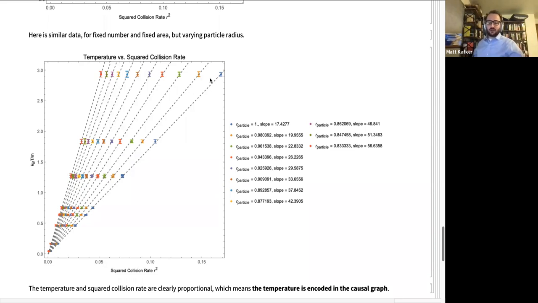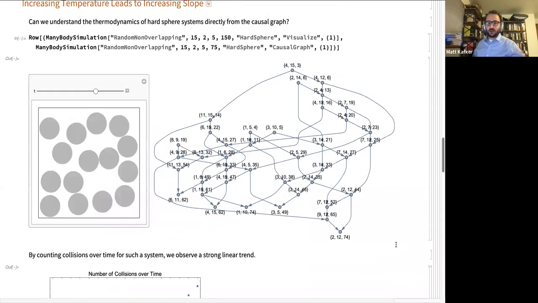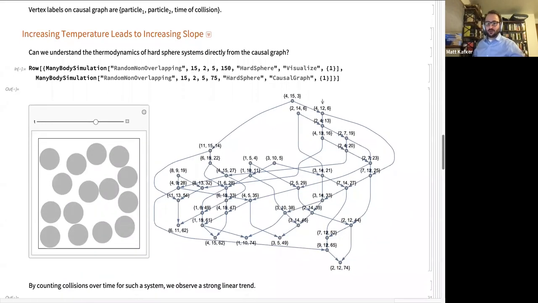So just to be very clear about what this means, the temperature is in the causal graph. The collision rate is in the causal graph, definitely, because look, here are the number of nodes, and they're labeled by the time. You can imagine foliating the causal graph, which would be the graph-theoretic way of describing this, but you can also just look at it. How many nodes occur by t equals 13?